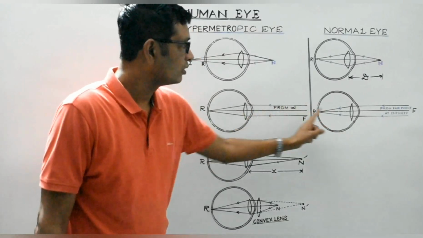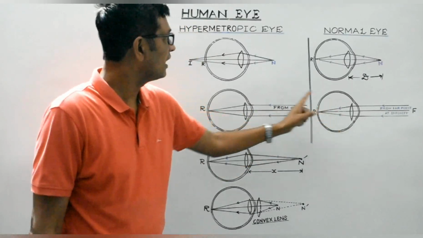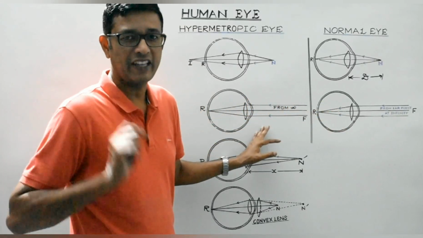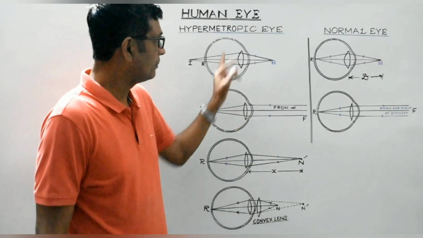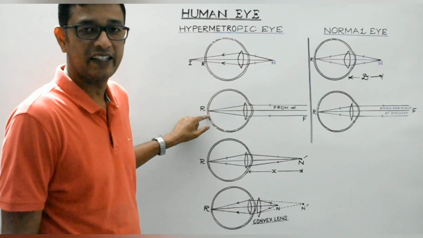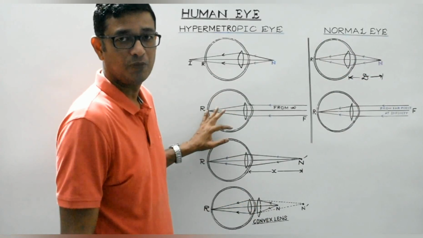In case the object is placed at a far away distance, then for a normal eye as well as for the hypermetropic eye, both the diagrams are the same. So, in this case also, in the hypermetropic eye, when the object is at a far away distance, the image is obviously formed at the retina. So, no problem in viewing the far away object.